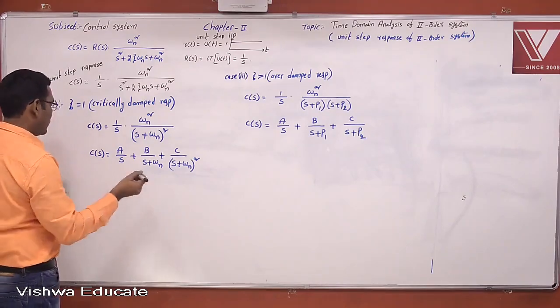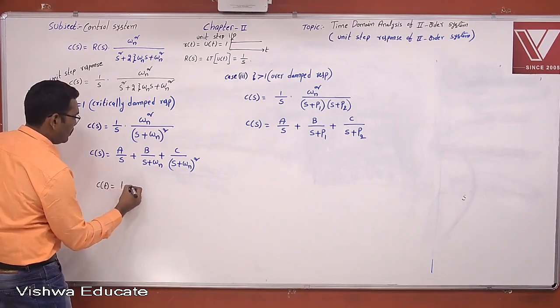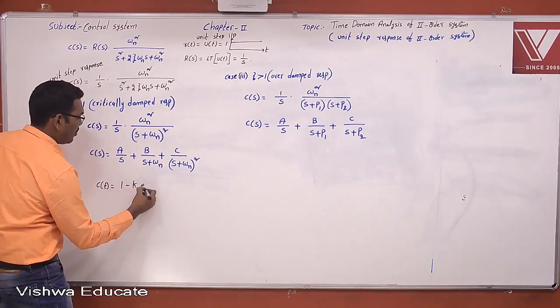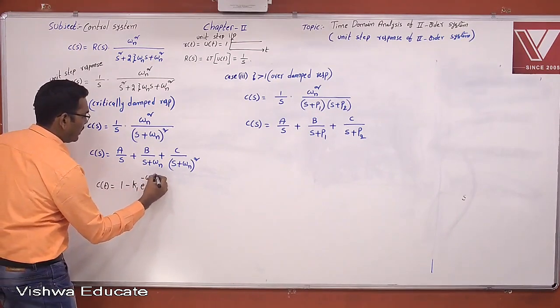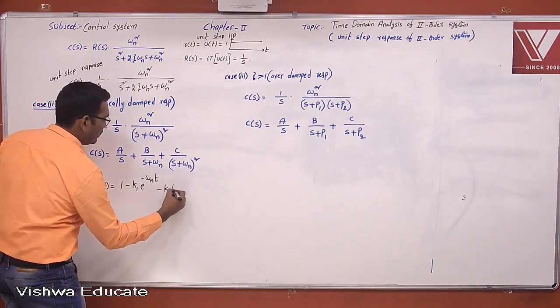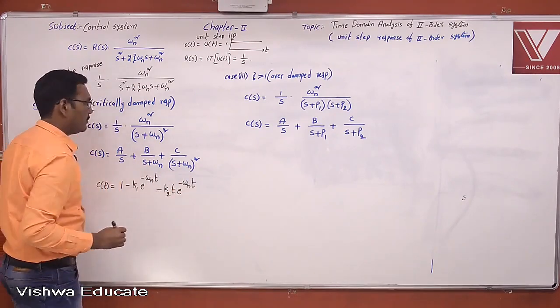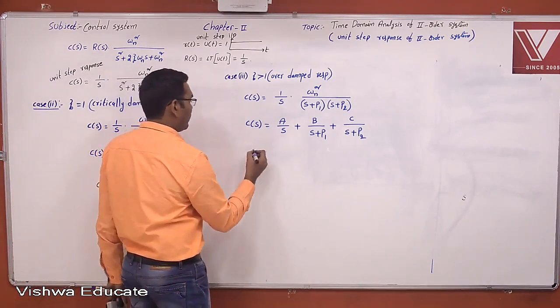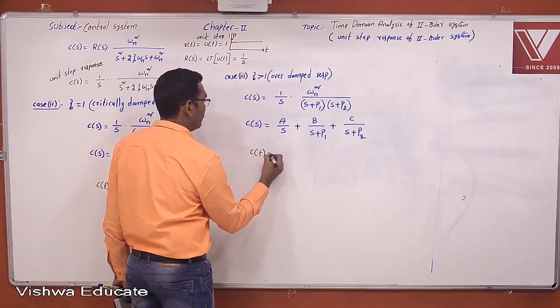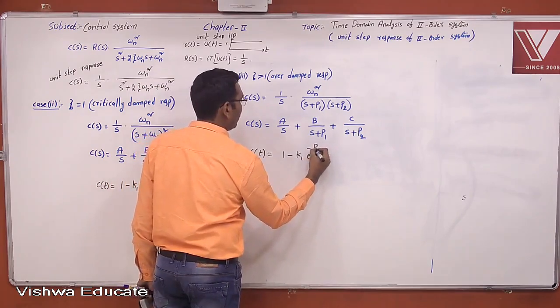Now apply the inverse Laplace transformation. For the critically damped case, C of t equals 1 minus some constant into e power minus omega n t, minus some constant into t into e power minus omega n t. For the overdamped case, C of t equals 1 minus some constant into e power minus p1 t.